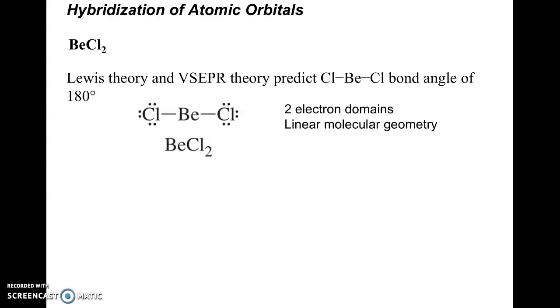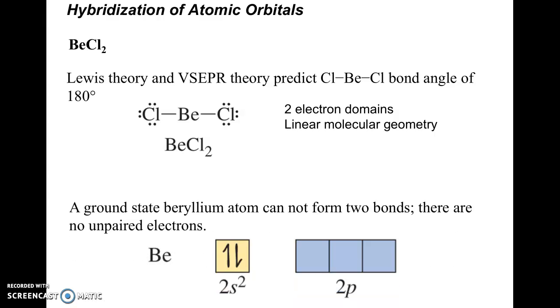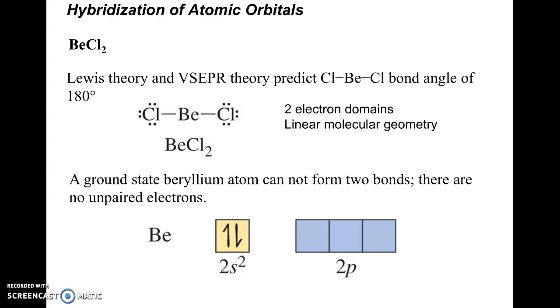The Lewis theory and VSEPR theory predict that the beryllium dichloride bond angle will be 180 degrees. There are two electron domains and a linear molecular geometry. The ground state beryllium atom has a spin paired pair of electrons in the 2s.